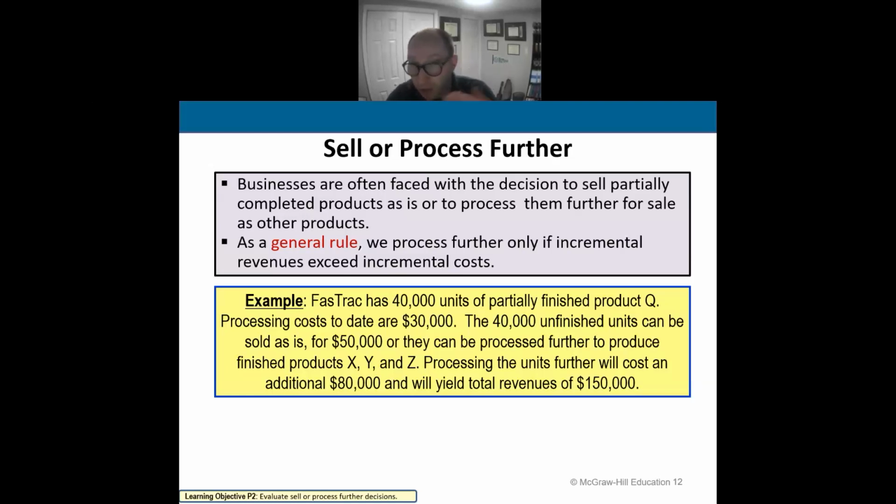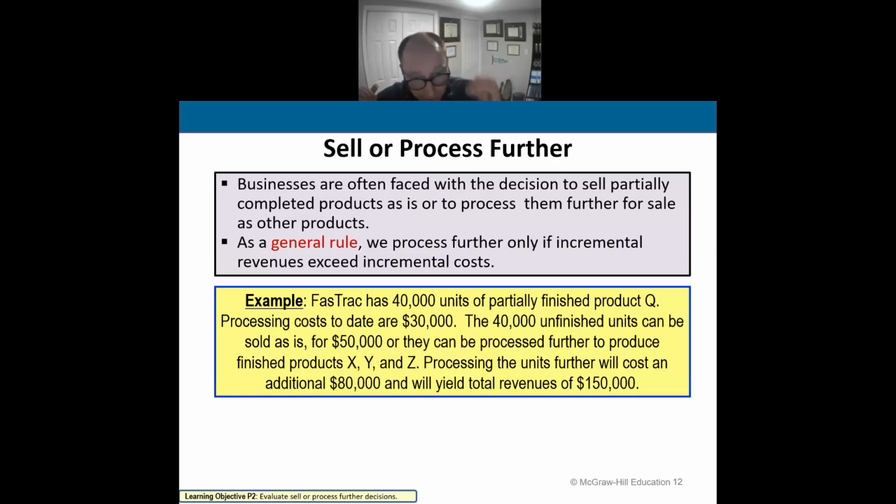So look at it as alternatives, right? Alternative one is I sell the oil barrels as is. So 50,000 would be my revenue. It would cost me 30,000, so my gross profit for alternative one is 20,000. Alternative two, I further process it, and my total revenue would be 150,000. Remember, when I process it further, I'm adding cost to what I already did.